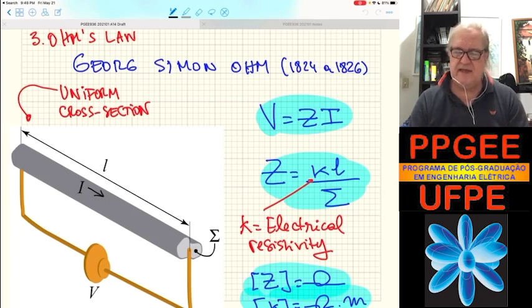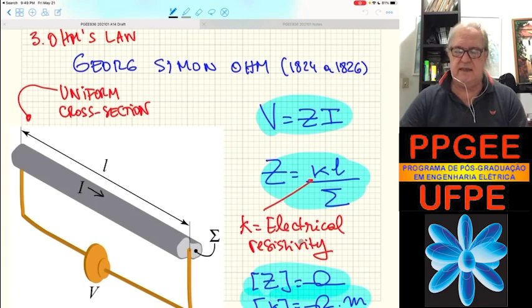He observed that the voltage was proportional to the current, and this proportionality is called the electrical resistance, the Z parameter, the capital Z we are going to use in this course. And he showed that this was proportional to the length of the conductor and inversely proportional to the cross-section area. This kappa parameter is called the electrical resistivity.